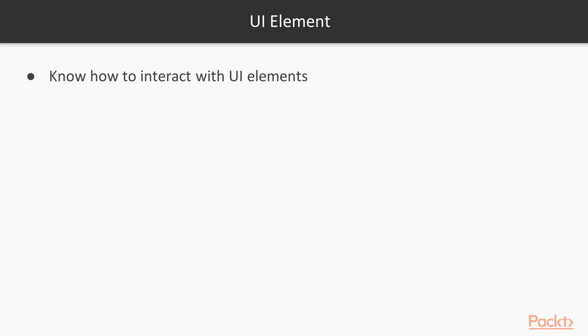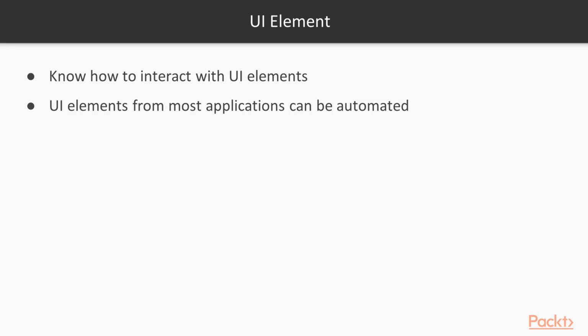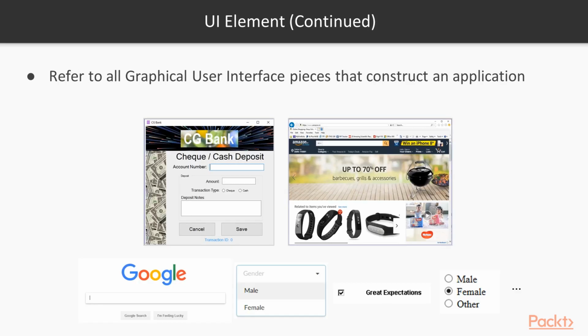and easier. It is possible to create automations with UI elements from most applications, be it a .NET application, a Java application, a web application, and others, including Universal Windows Platform applications. UI elements refer to all graphical user interface pieces that construct an application.